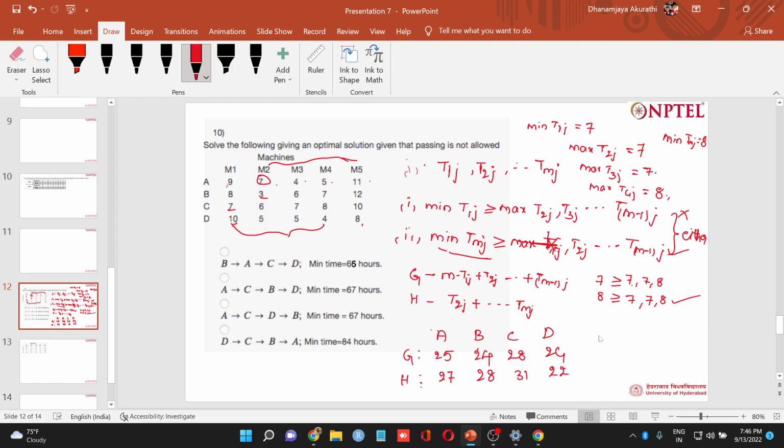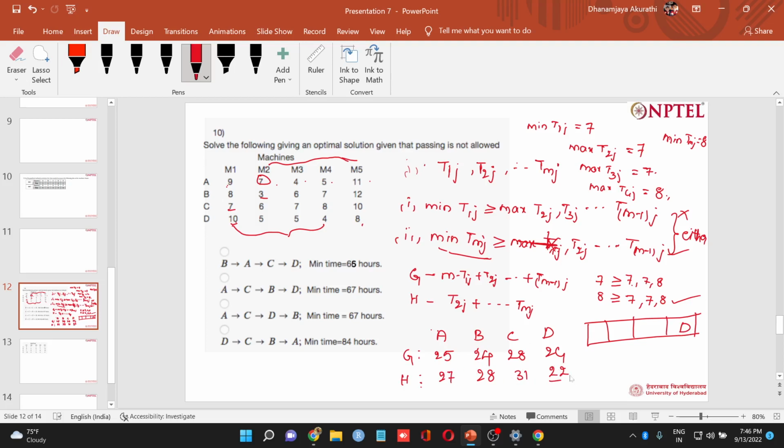To find the optimal sequence, what is the criterion as seen before? There are the 4 jobs. First we find the minimum value, that is 22, from mission H, so assign D at the last.